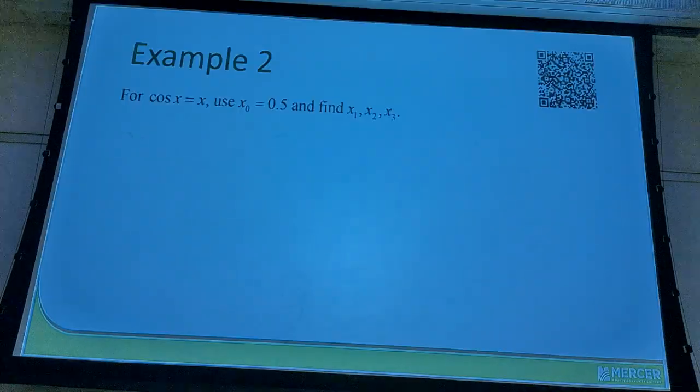Cosine of x equaling x. We want to solve that. Would that be possible to actually solve? Don't think so. So I don't think that can analytically be solved.